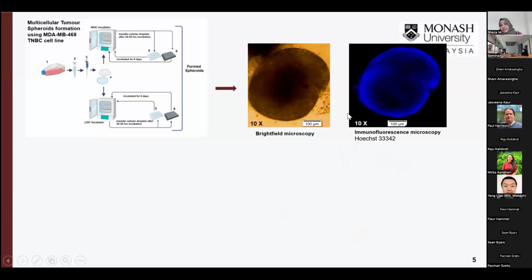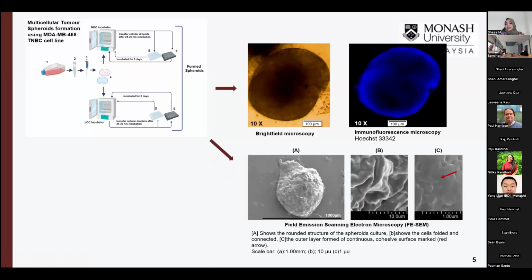We used Hoechst immunofluorescence to detect the DNA and the proliferative state. As we can see here, it's showing multiple light areas, which show more division of the cells, with a bit of a darker side inside.